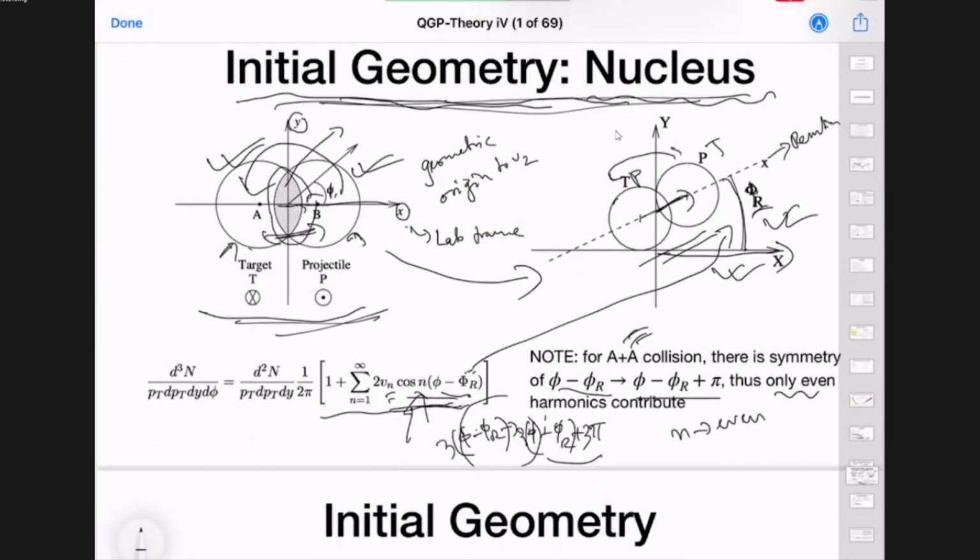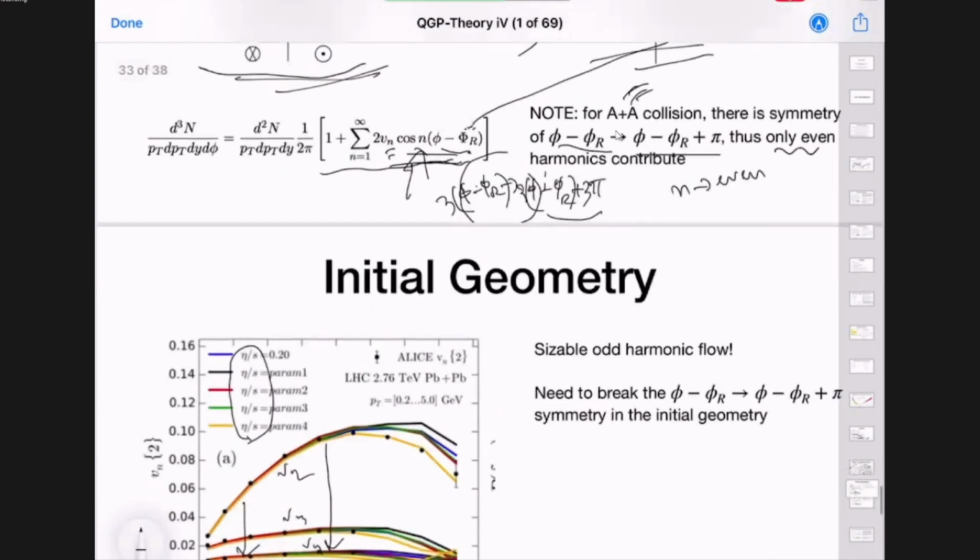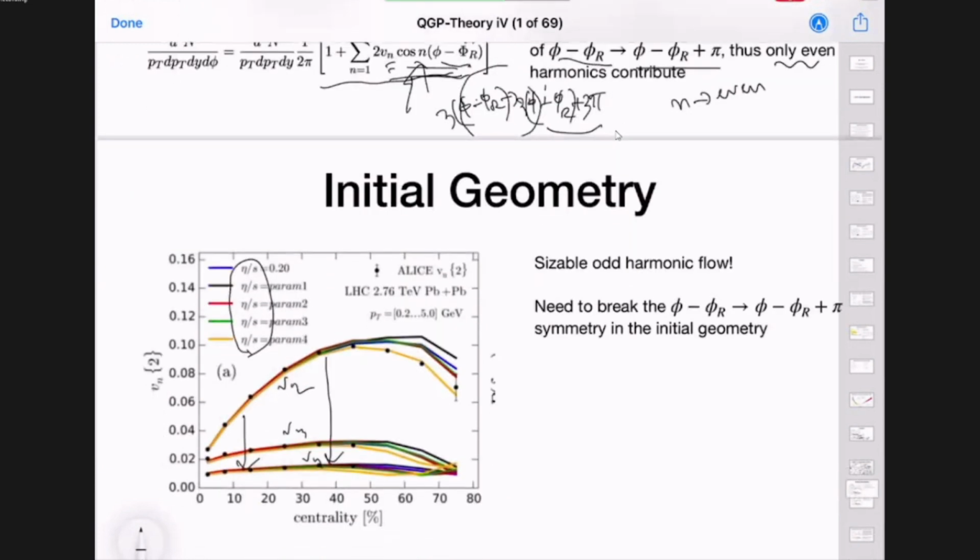Because if it is this kind of thing, a very strong prediction is you should see zero odd harmonics, right? And so this again you can go back and measure, and what we have seen is that there is sizable odd harmonic flow, v3 for example.